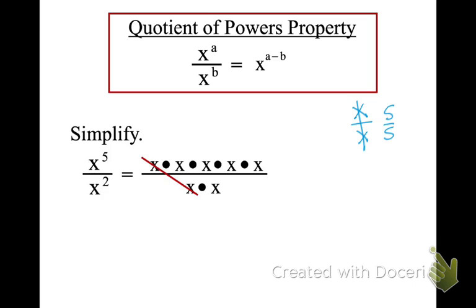So really when we're cross-canceling, we're left with 1 and 1 and 1 and 1. And so what are we left with? x to the third in the numerator. And if they're left in the numerator, we say x to the third. If they were left in the denominator, we would use a negative power. But let's just start with this.